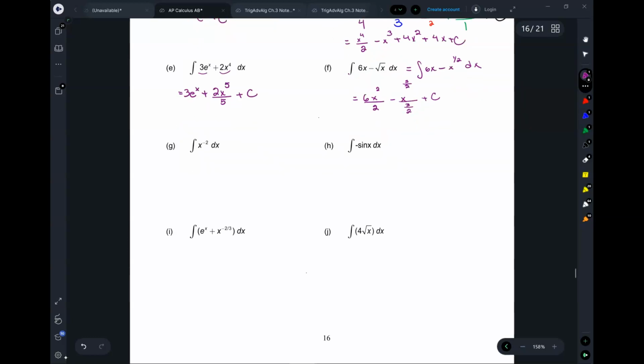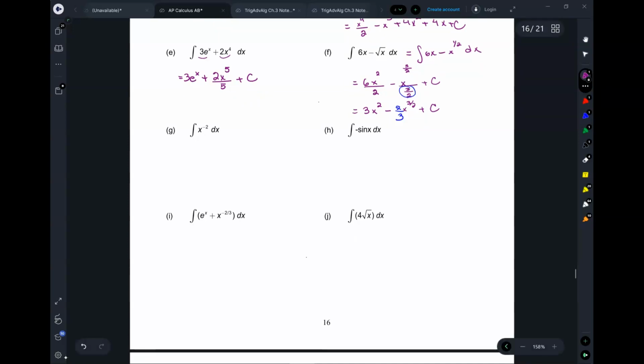Okay, but let's see what this is. 3x squared minus, now look, here we have x to the power of 3 over 2 divided by 3 over 2, right? Something divided by a fraction is the same as times the reciprocal plus c. That's going to take a little bit of getting used to, but it's going to happen so often that in like a week or two, that will become second nature.